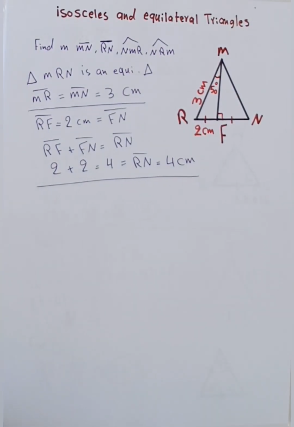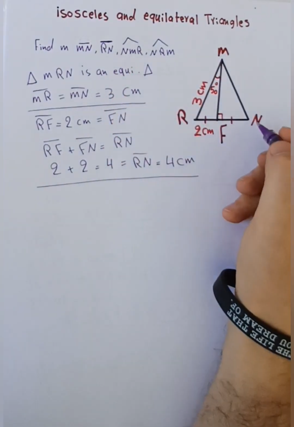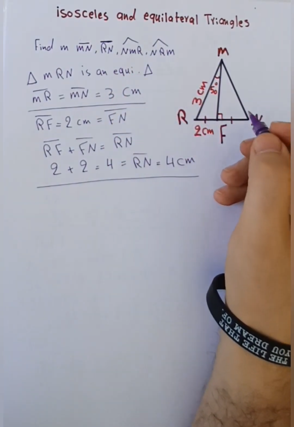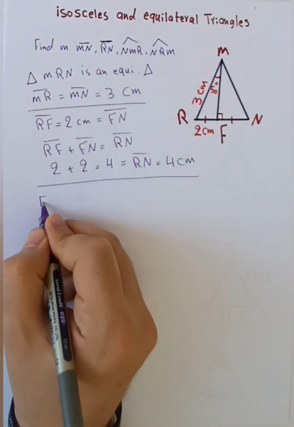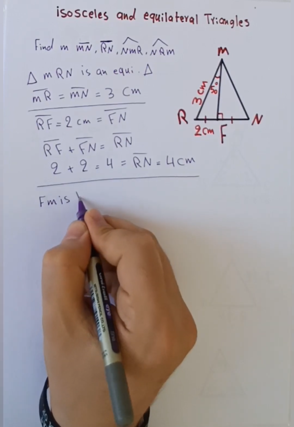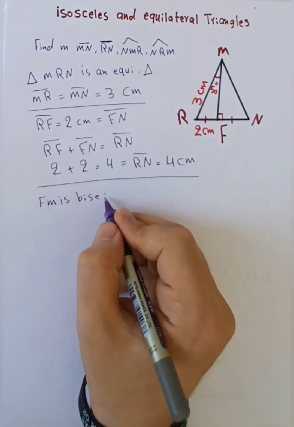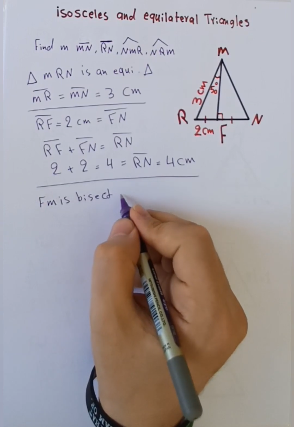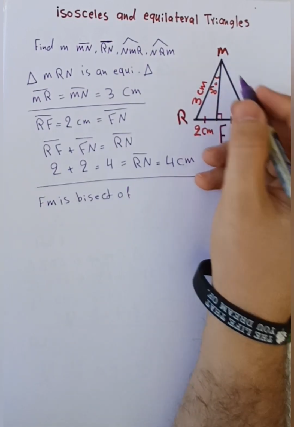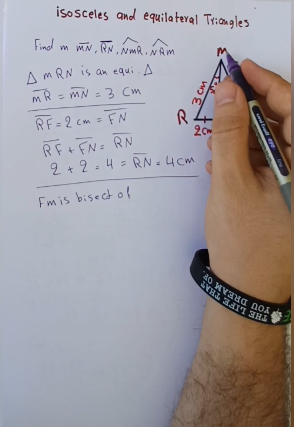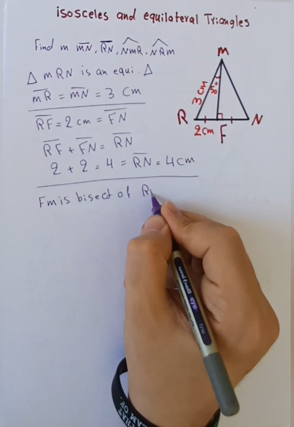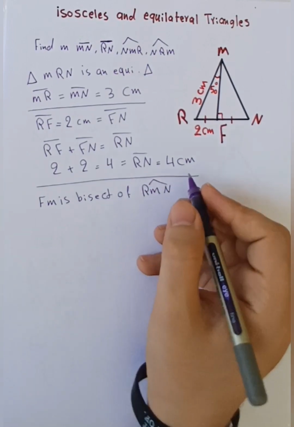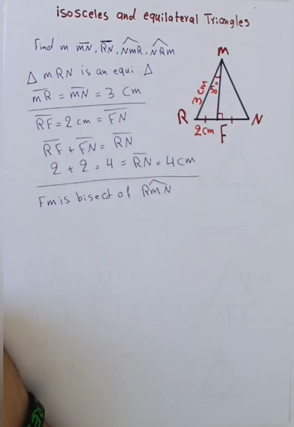After that, I'm going to find the measure of angle NMR. So FM bisects the angle NMR, or we can say RMN, because this triangle is an isosceles triangle.